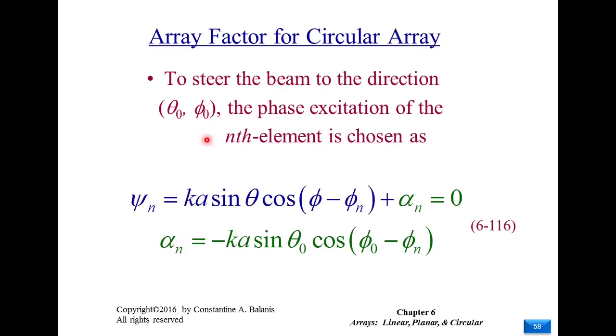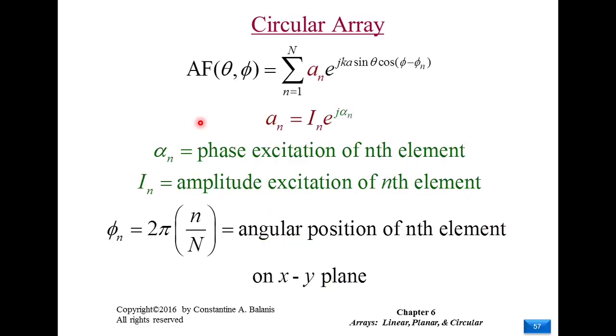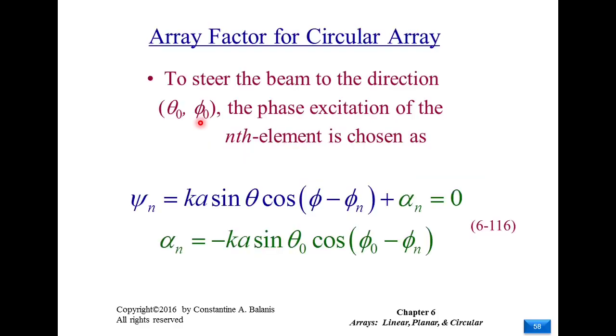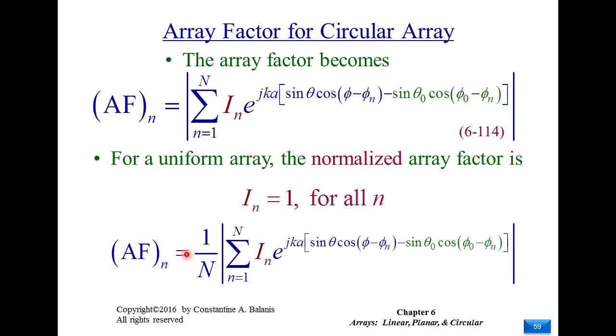So the beam would be in that direction. You can review the math and you will find this condition. So the array factor, again here, is just writing it in a more detailed way. And here is the normalized one where we divide by n, because this is the maximum of this expression.